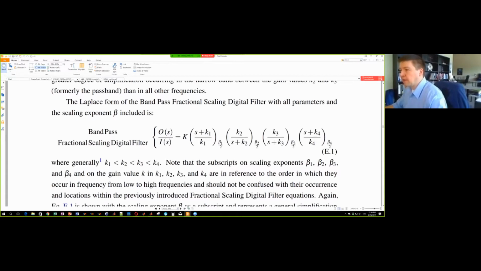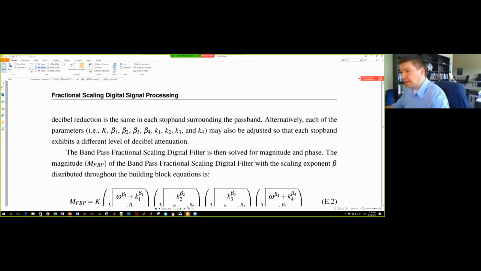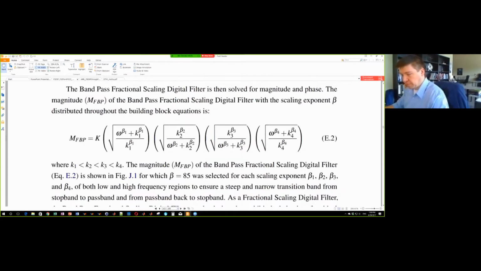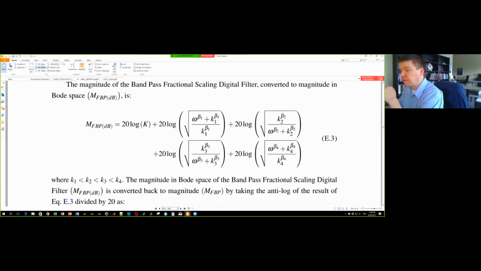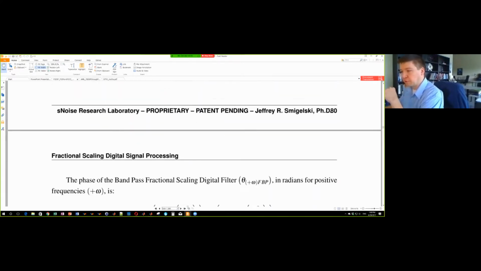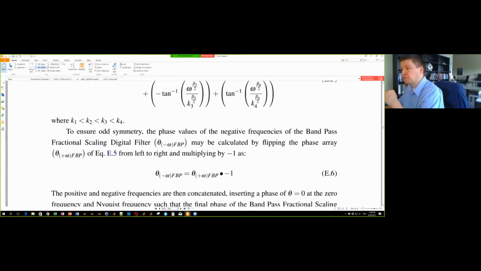And then I have a high frequency amplifier, then a low pass filter, another low pass filter, and then another high frequency amplifier. When you solve it for magnitude, you get an equation that has the same order of the equations from the filter bank that I just showed. In phase, you also have the phase information that you can leave in or out of the final equation when you're solving it.